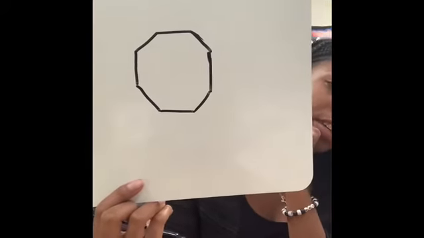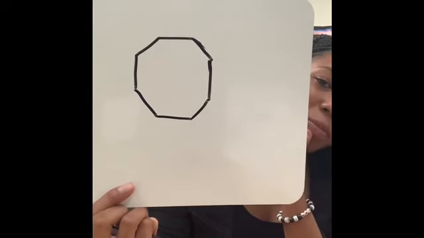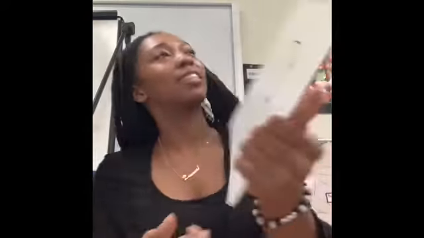This shape right here has 8 sides. Ooh, my drawing's not the best, but that's okay. 8 sides. Oh yeah, it looks kind of funky, I'm sorry. What shape is this? If you can't tell, it's an octagon. I'm sorry, this picture is not the best.